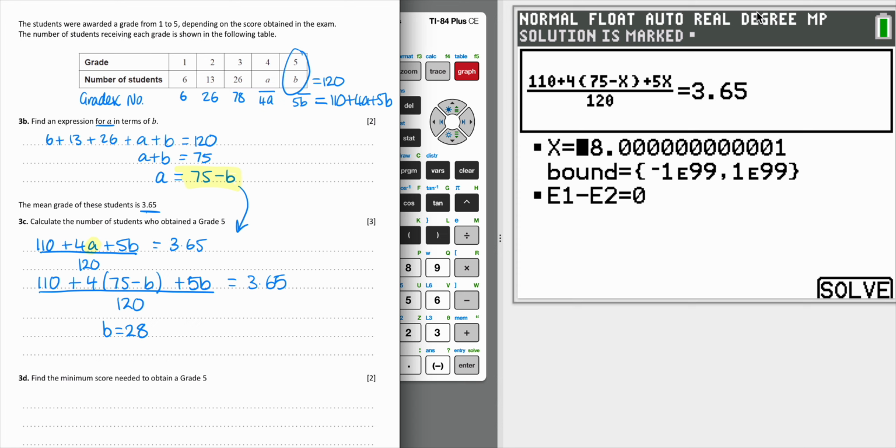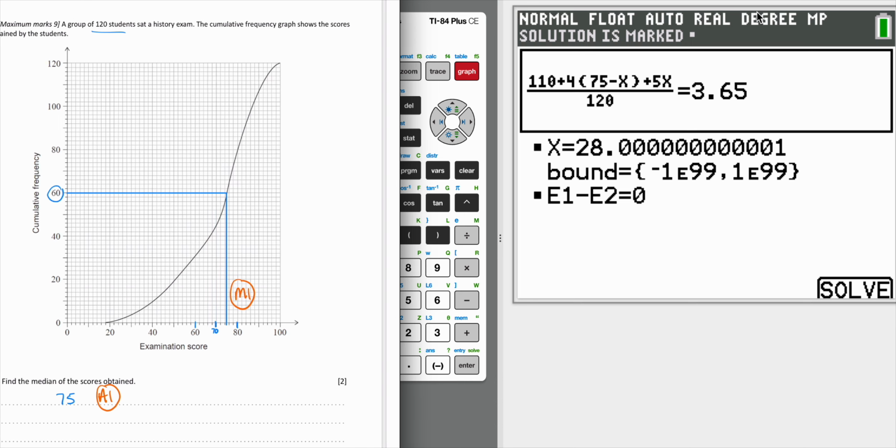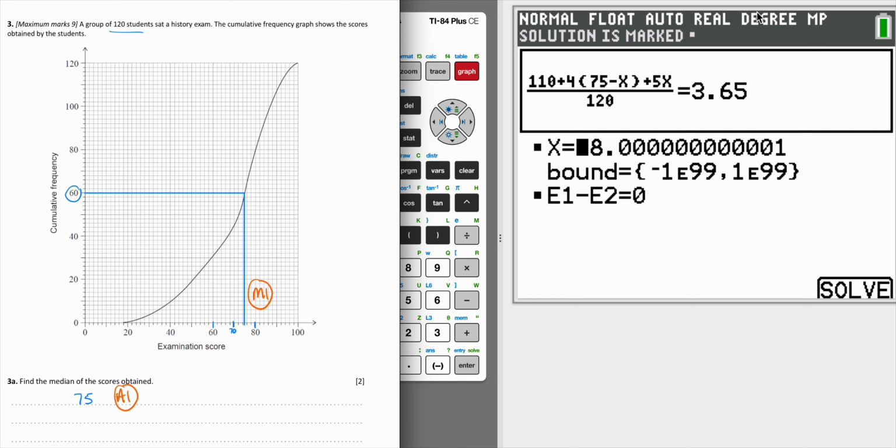And then the last part is to find the minimum score needed to obtain a 5. So if 28 students scored a 5, we're going to go back to our cumulative frequency, and 28 students, when I take that off from my 120 students, so the top 28, that takes me to 92.